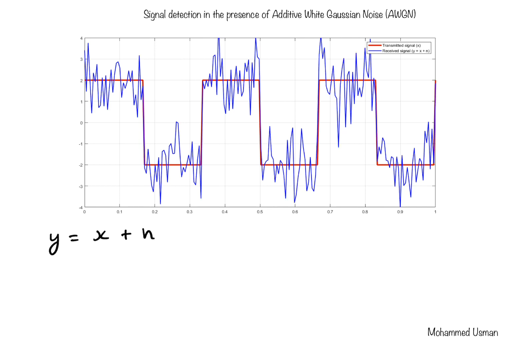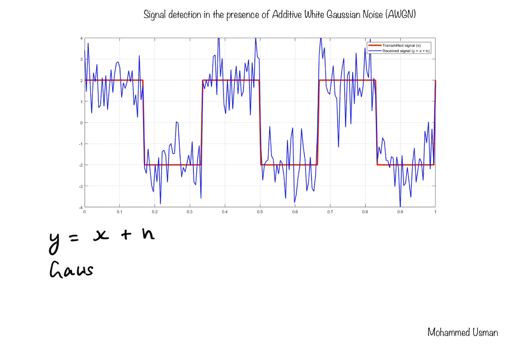So the power spectral density of white noise is flat, and it's additive because it gets added to the transmitted signal. Now, the Gaussian distribution was described earlier as well in the previous video.